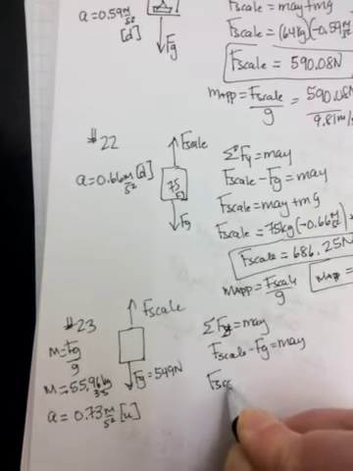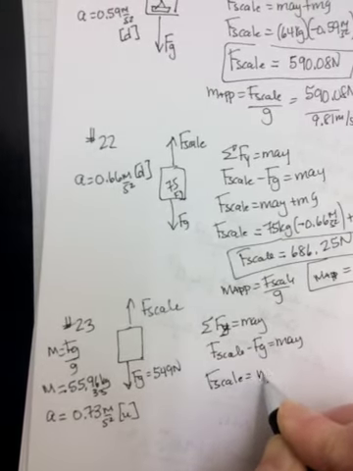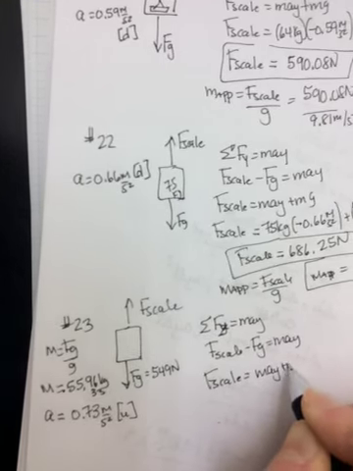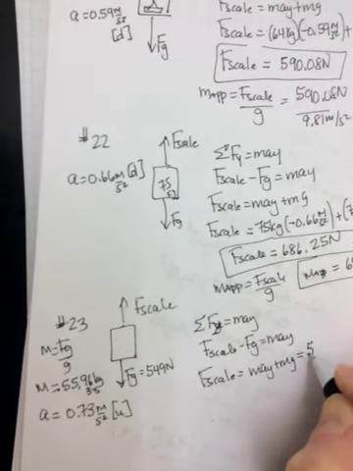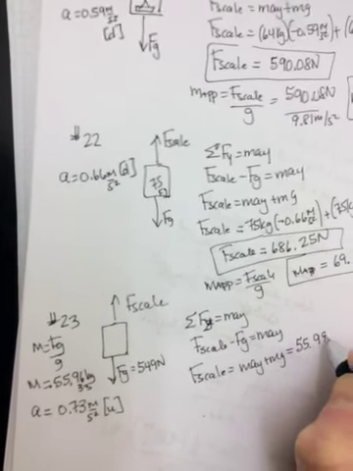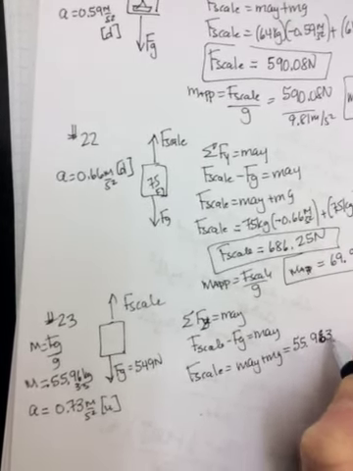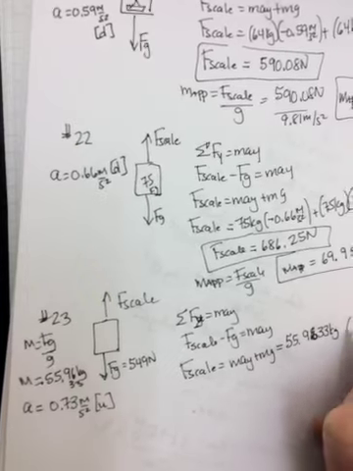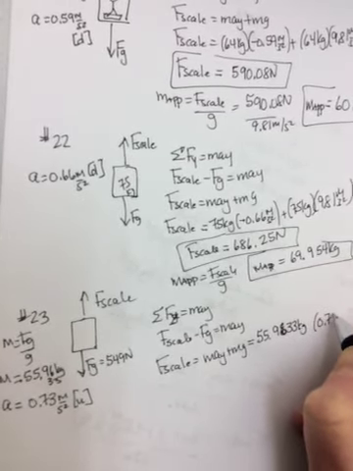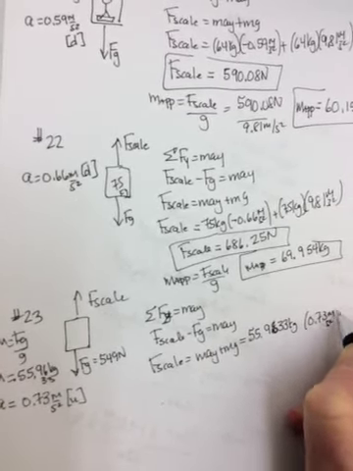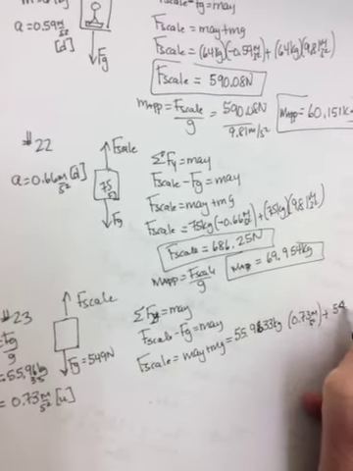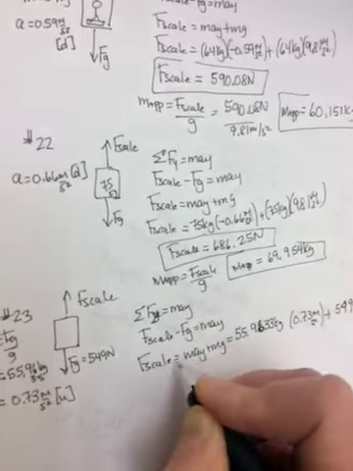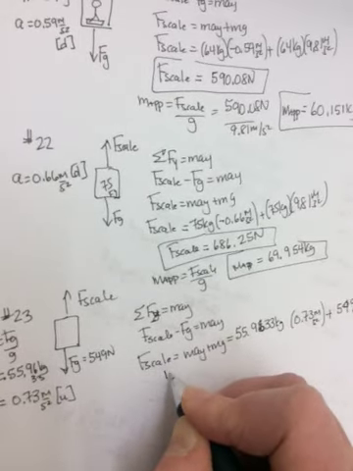So F scale will equal MAY plus Mg. So 55.9633 kilograms times positive 0.73 meters per second squared, and they told us mg was 549 newtons.